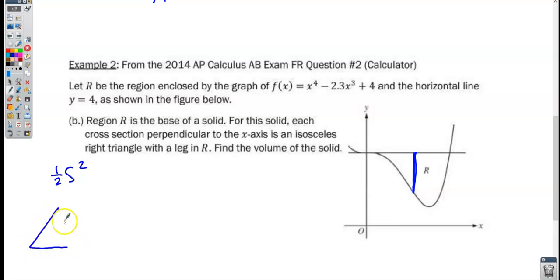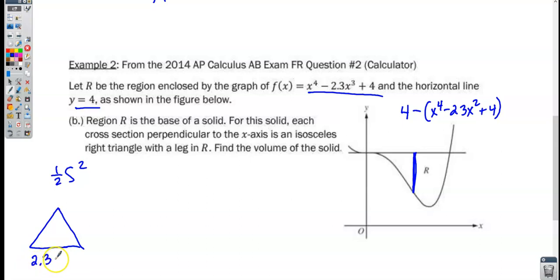Okay. So my side length here is going to be the upper curve, which is 4, minus the lower curve. So my side length is going to be this. If I simplify that, these 4's cancel out, and I end up with a side length of 2.3 x cubed minus x to the 4th.